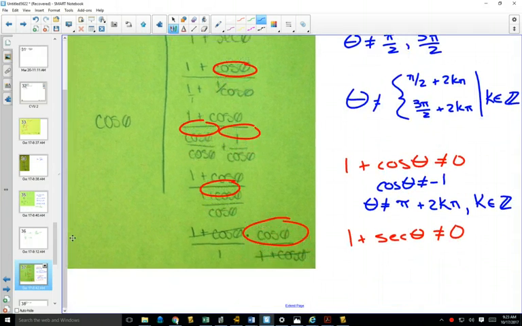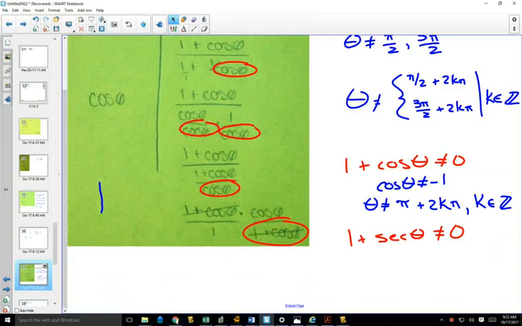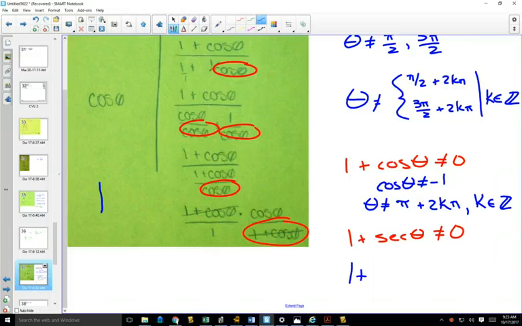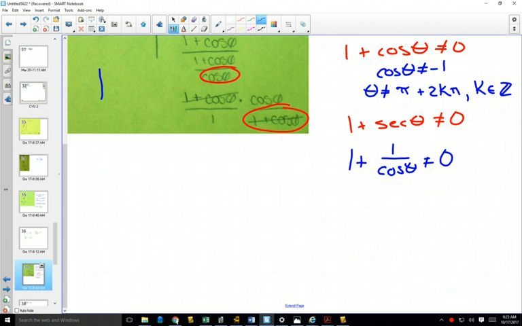Now, how are we going to solve 1 plus secant theta equals 0? Well, and this is going to lead us into our next question. We change our secant to cos, because that's easier to work with. And then solving this, well, if I have a fraction, can you see that if I multiply everything by cos, I'm going to multiply this by cos theta.